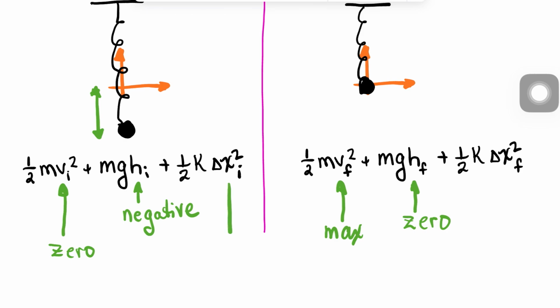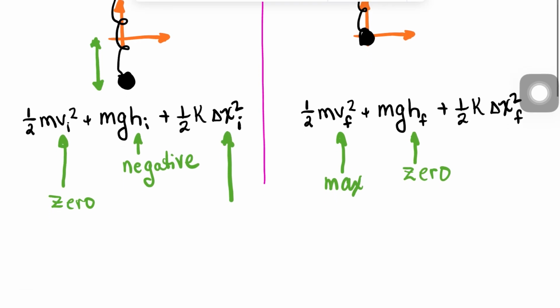Now let's think about the delta X term in the potential energy due to a spring system. That delta X is how far the spring has been displaced from equilibrium. Since I placed my origin at equilibrium, delta X initial is just going to be the same as h initial.